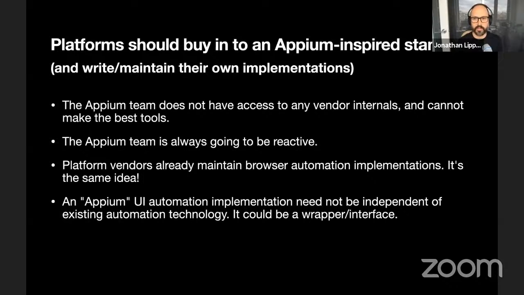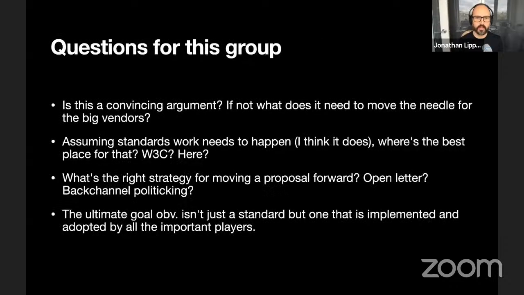And this would actually give platform vendors much greater usage of their underlying automation technologies that they're trying to promote. That's more feedback for them on how these technologies are working, better bug reporting, and just overall more usage of their platform, which I think is a good thing for these different platforms. So that's the argument.